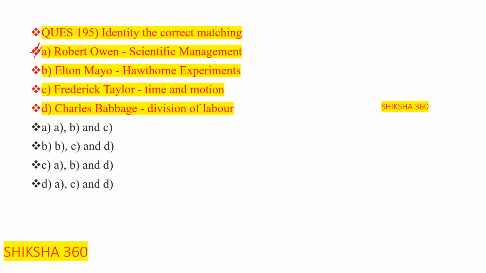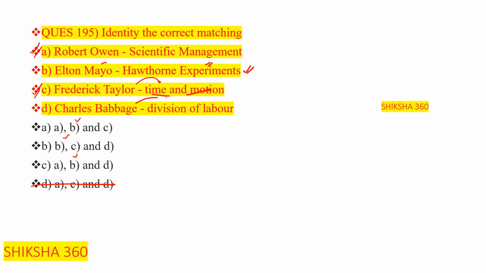First one is Robert Owen, which theory they have given, that is scientific management. Option B is Elton Mayo, Hawthorne experiment. We know this one is correct because we have already discussed it. Frederick Taylor, we also know, discussed time and motion.